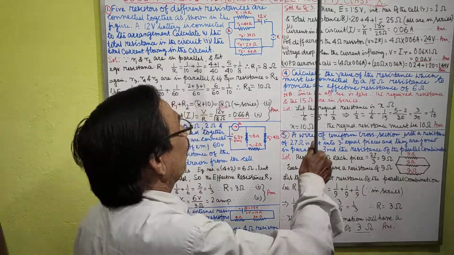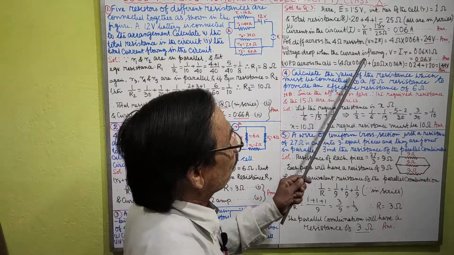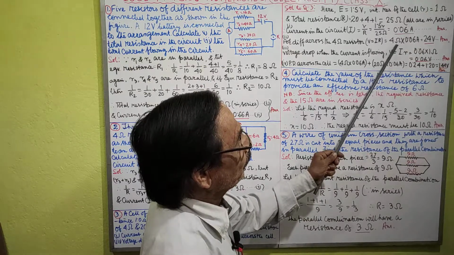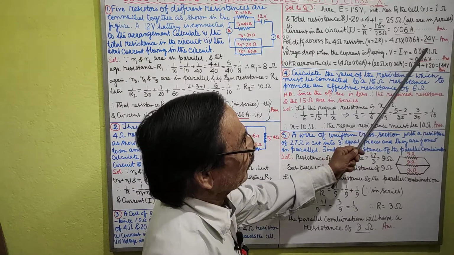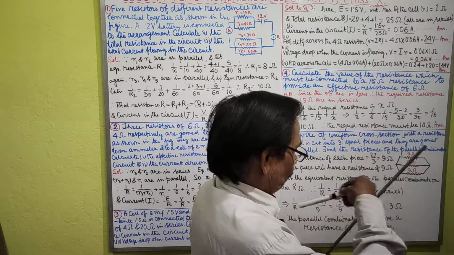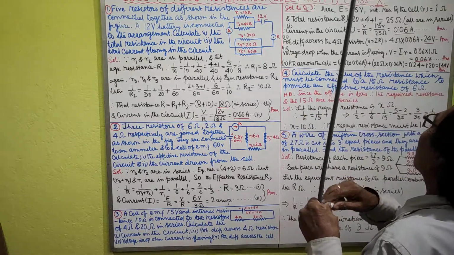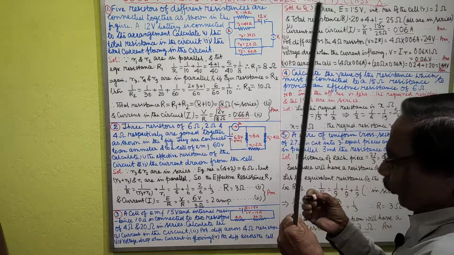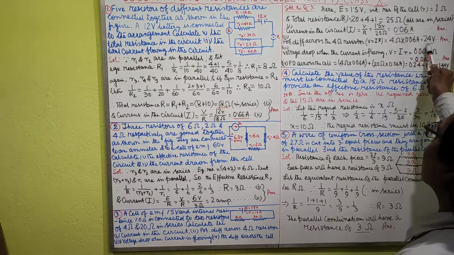And potential across the 4 ohm resistor, V equal to IR, that is 4 ohms into 0.06 ampere, nearly 0.24 volt.